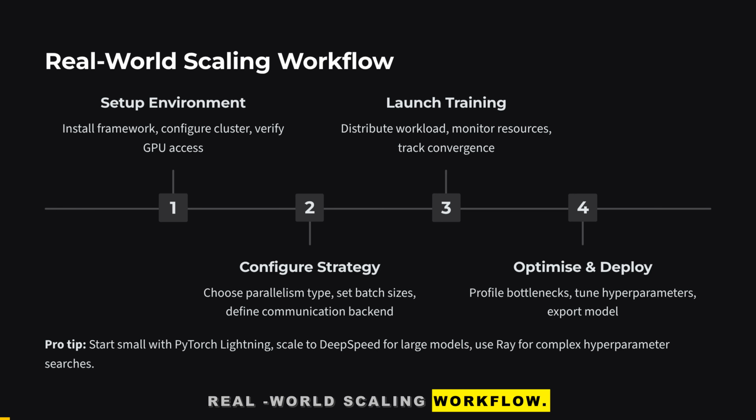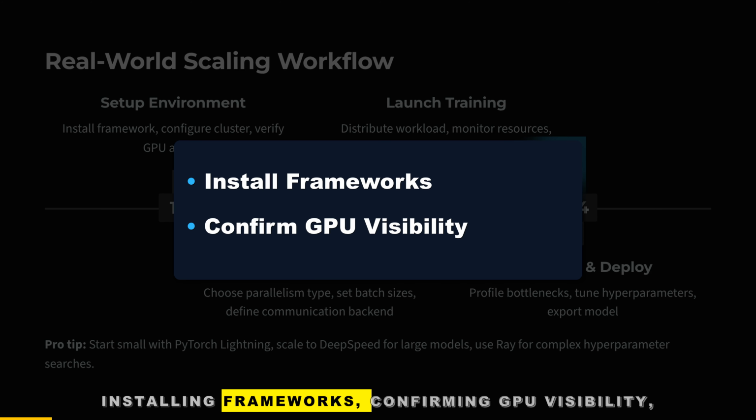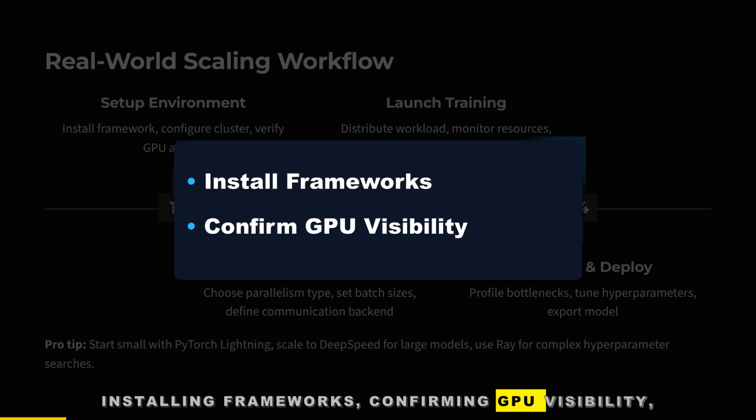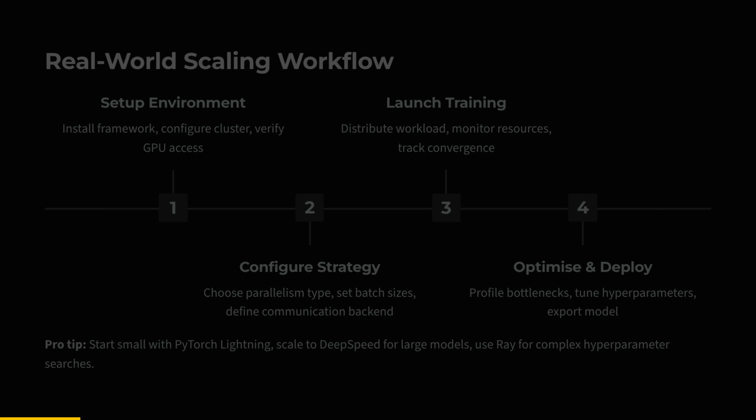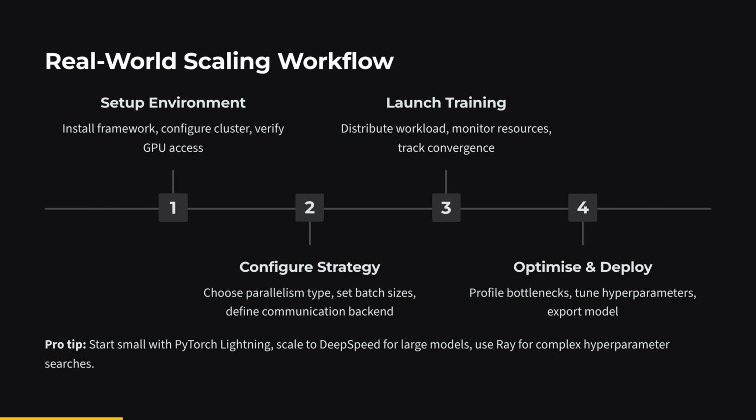Real-world scaling workflow. A real production workflow begins by preparing the environment, installing frameworks, confirming GPU visibility, and ensuring fast links like NVLink or 100 gig networking. 10 gig networks often cut scaling efficiency below 50%.